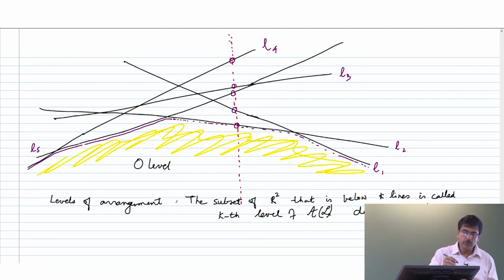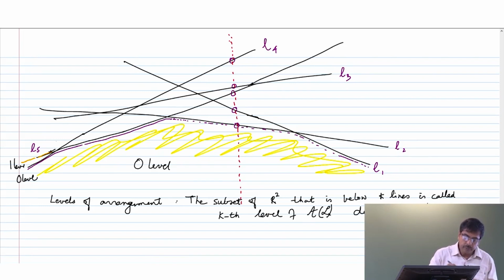And how is the first level going to be defined? Again, it is going to be between some boundaries. Let me now try to use another color. So, it comes here. This is the 0 level, this is the first level, and the first level should always stay above the 0 level.